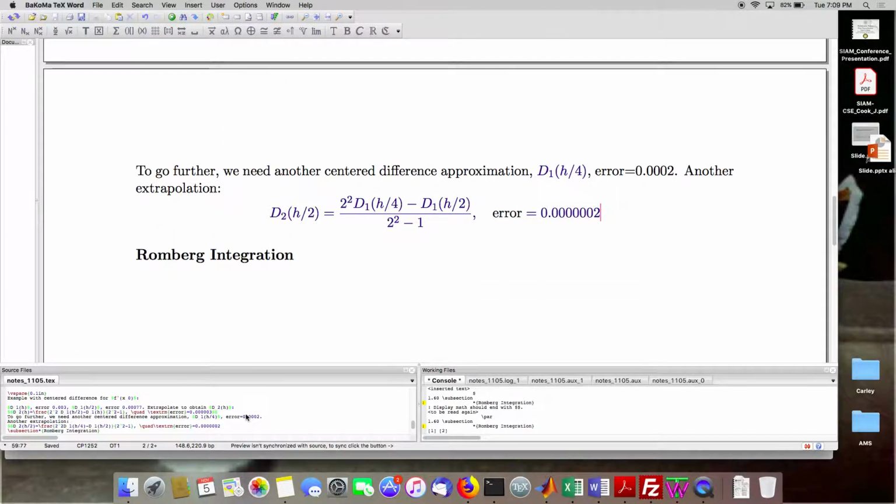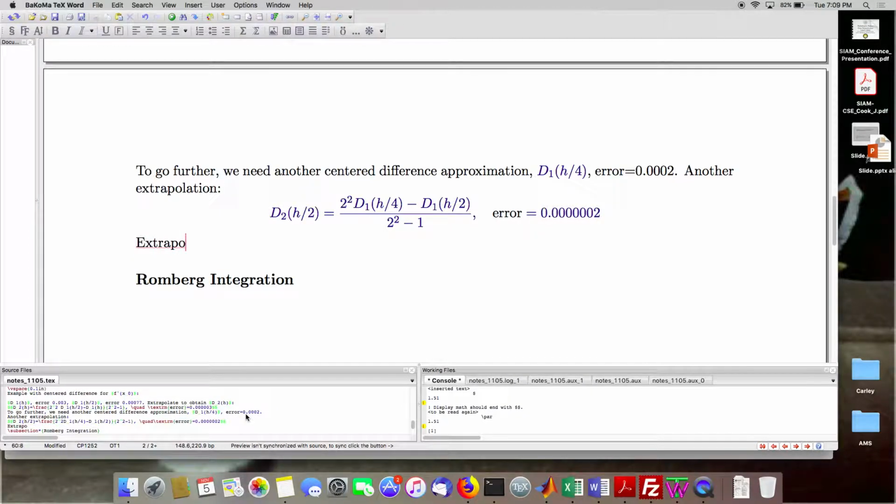So now, extrapolate from d2 of h and d2 of h over 2 to obtain a 6th order approximation. Because all the error terms in a center difference have even order, we've already extrapolated to cancel out the second order terms. If we extrapolate between these two, that'll cancel out the fourth order terms. 6th order is what will remain.